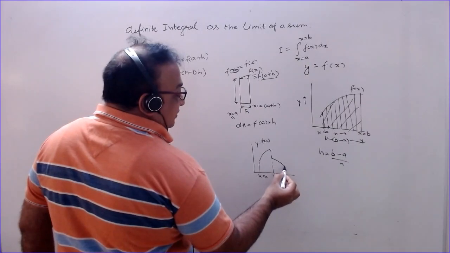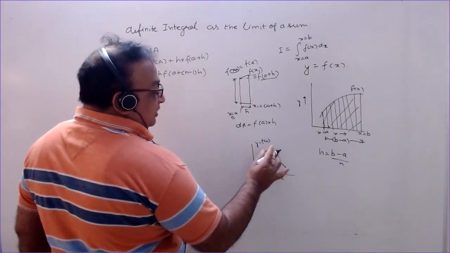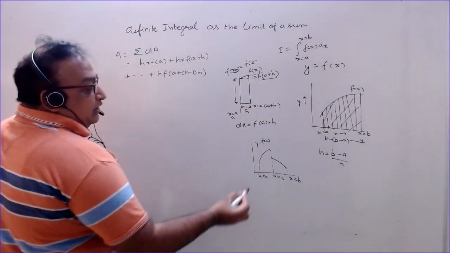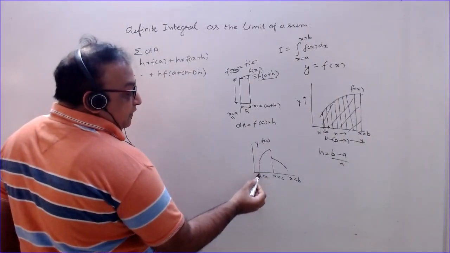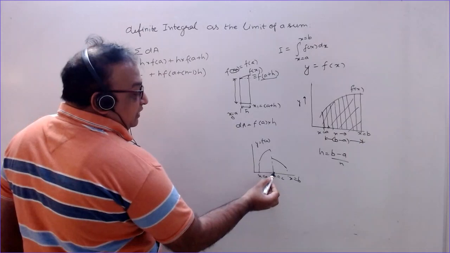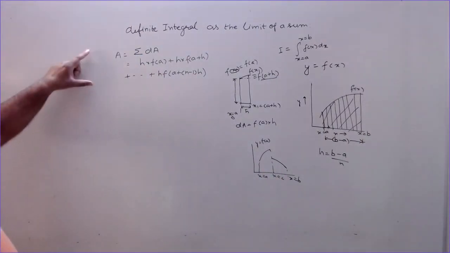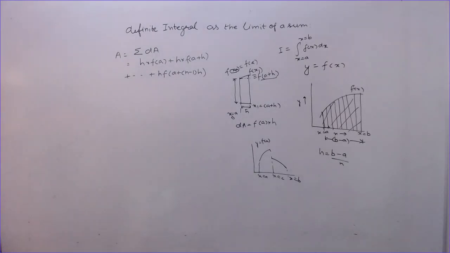At x equal to c, the function has some other definition. Suppose this point is x equal to b. So in this case, I will have to evaluate first from x equal to a to c, then c to b, as the function is discontinuous. So this can be evaluated for a continuous function. So this is how you can write the total area of this.